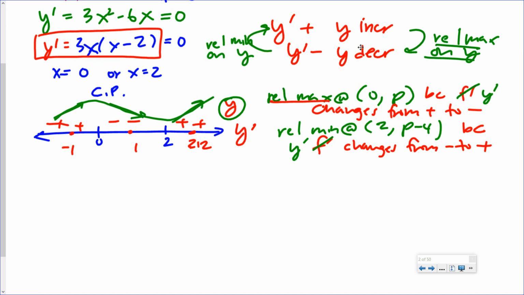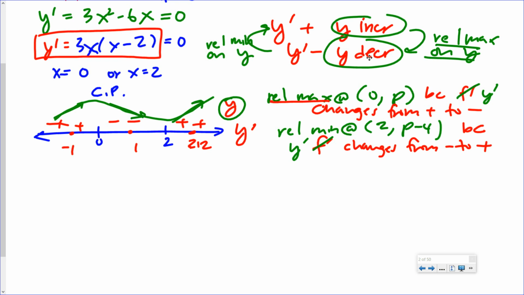Okay, over here, guys, could I say the justification for relative max? Because remember, these are synonymous. Y prime positive means Y increasing. Can I say the reason for relative max is because Y changes from increasing to decreasing? Can I say that? No. Why not? It's true. You're right. It's true. But why can't I say it?